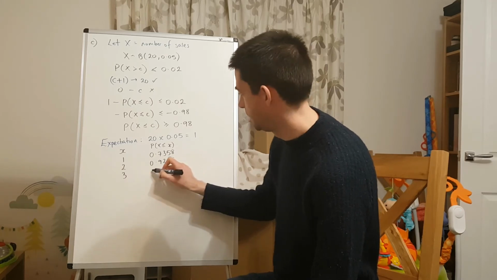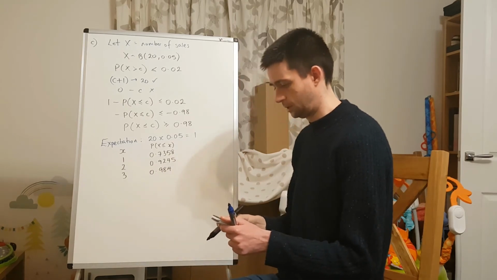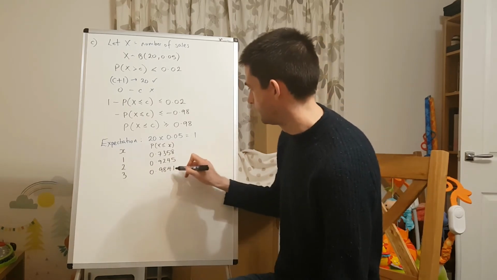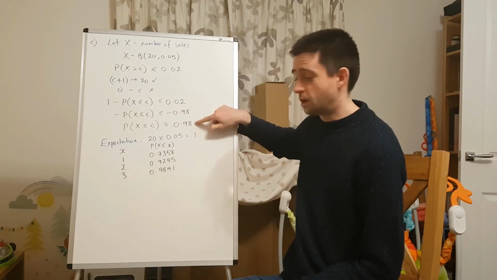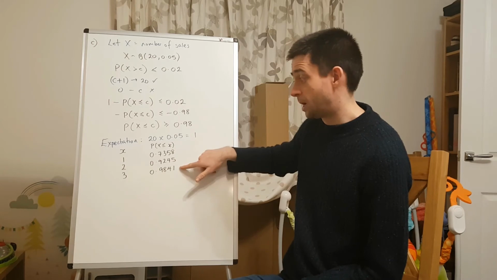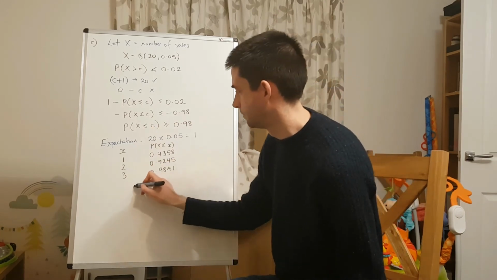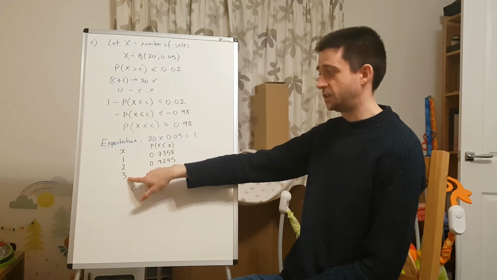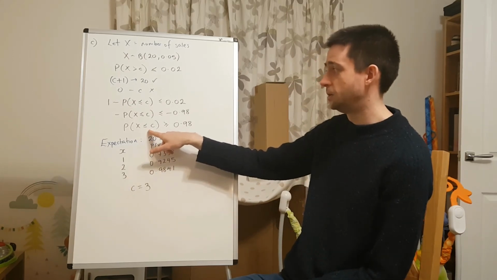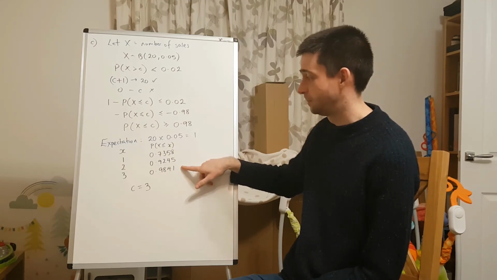And for 3, it's 0.9841. Now, greater than or equal to 0.98. The first value that goes past 0.98 is this one here, which means that C is 3, because that's the number of successes that I have to get up to and including for the probability of that to be greater than or equal to 0.98.